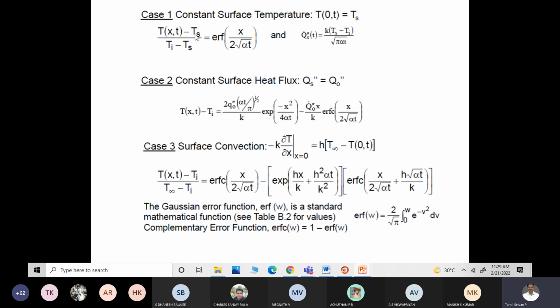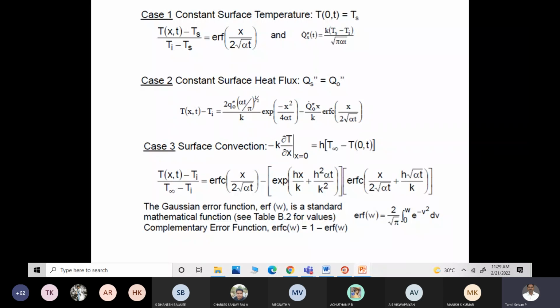For the first case, T(x,t) minus Ts divided by Ti minus Ts is equal to error function of x divided by 2 root of alpha t, where t is the time, Ts is the surface temperature, and T(x,t) is the temperature at a point at a certain depth from the surface after some time t.